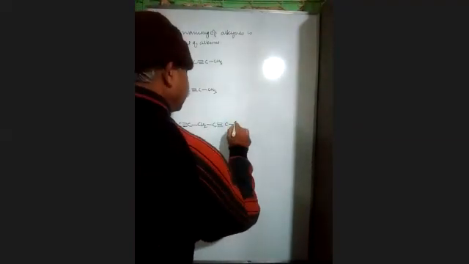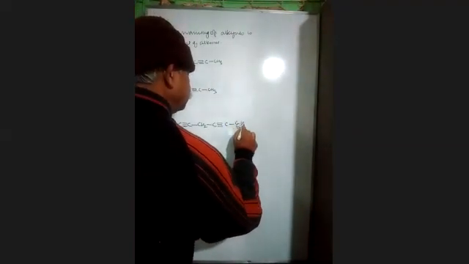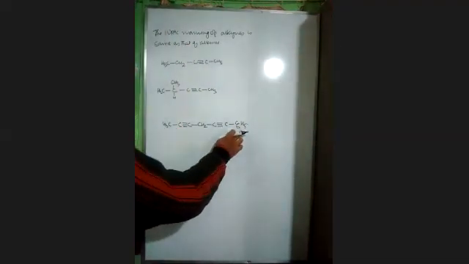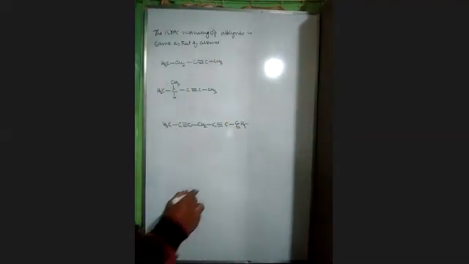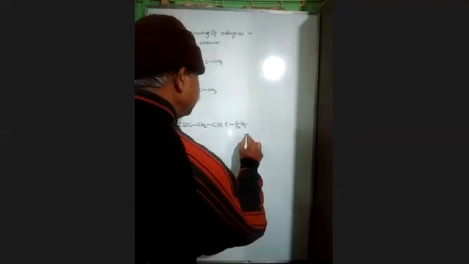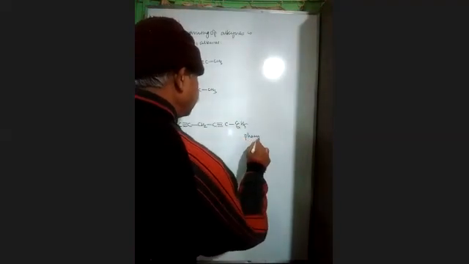Okay, I'll write like this, just to confuse you, as a substitution. This is called phenyl. This is called... write these three names.